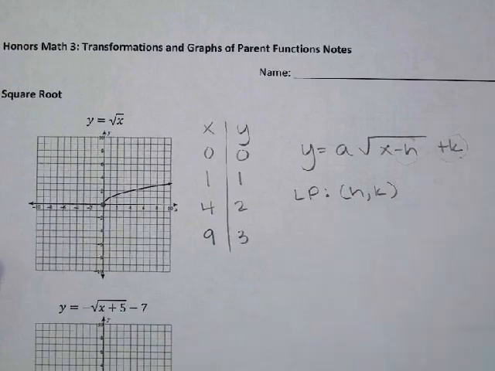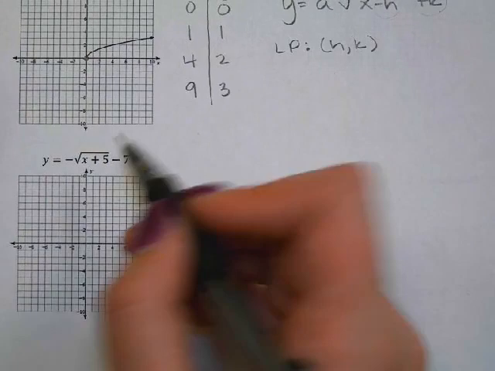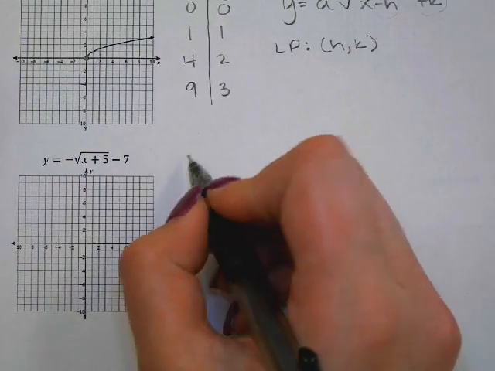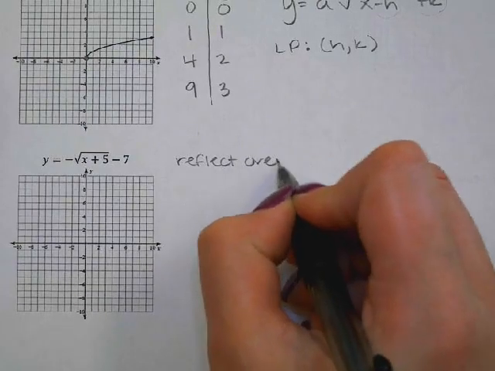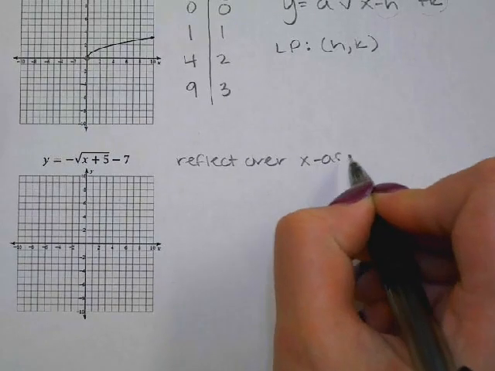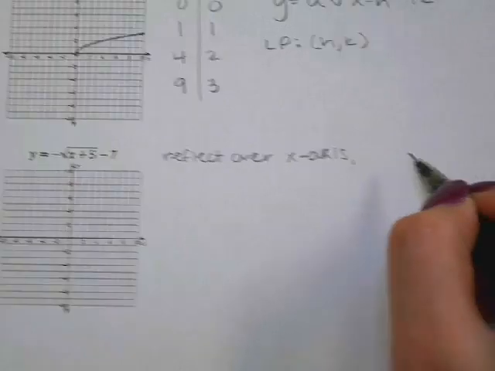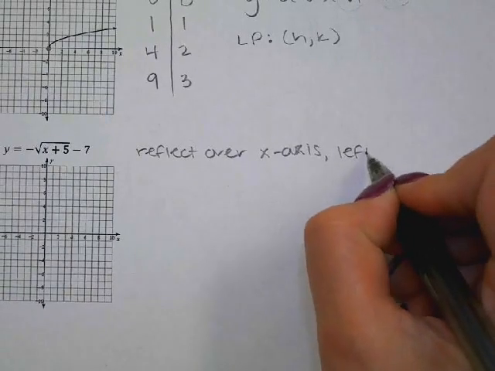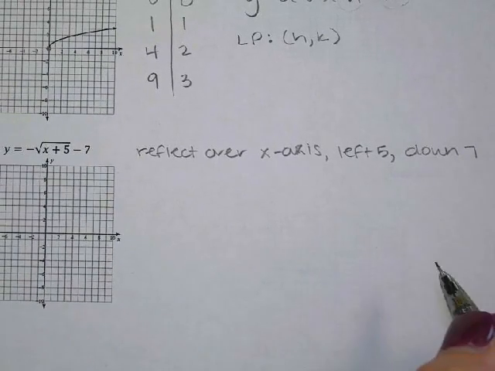All right, so let's go ahead and look at this example problem, and we're going to walk ourselves through all of those steps. So the transformations, it is reflected over the x-axis. It has shifted to the left 5 and down 7.